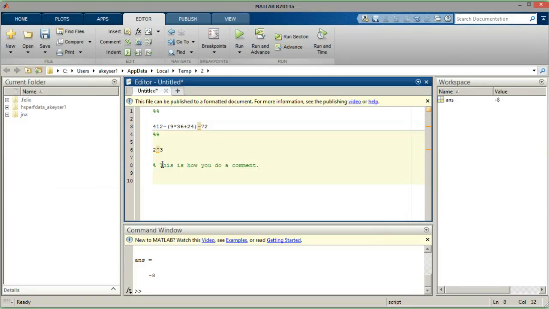Okay, so let's try an example here. Let me do a different section. The command for this is VPA. Okay, so in MATLAB, you have to give it commands to tell it what to do.